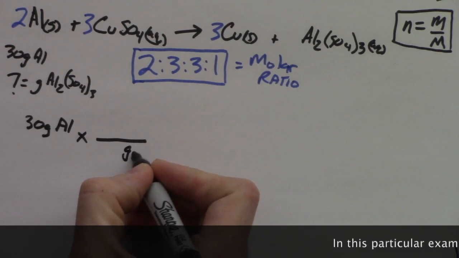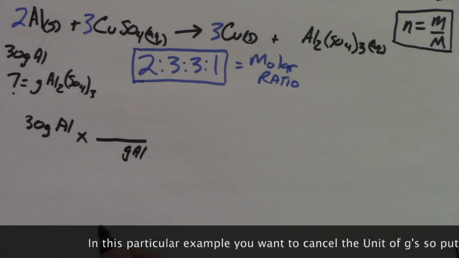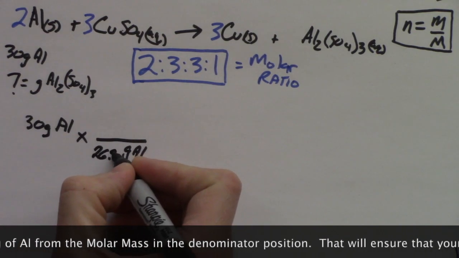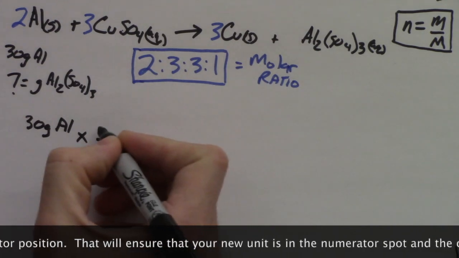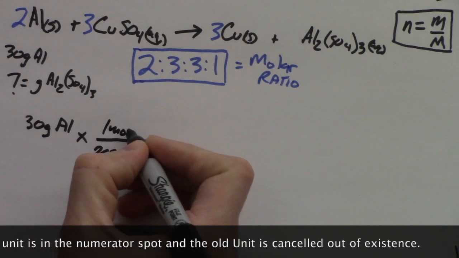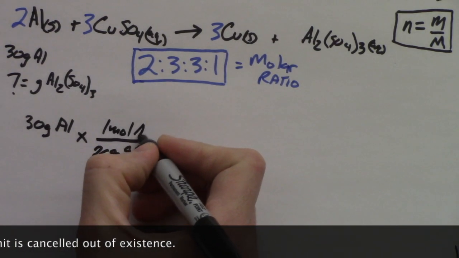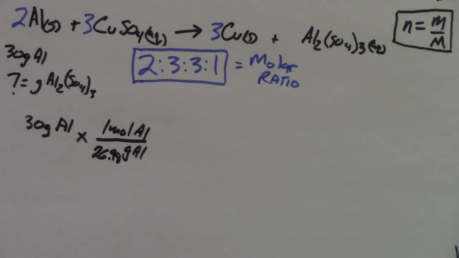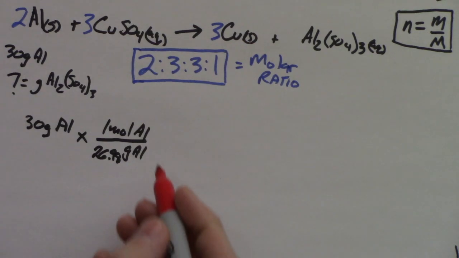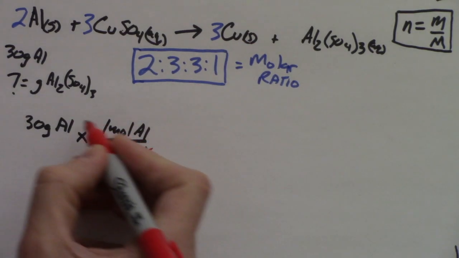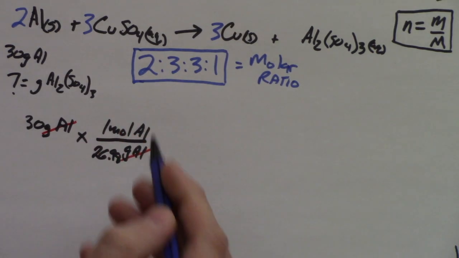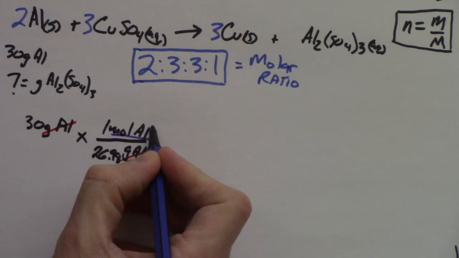So grams of aluminum, if you look on your periodic table, 26.98 grams of aluminum for every 1 mole of aluminum. So that, in and of itself, you can see that I'm going to be canceling out grams of aluminum, and I'll be left with 1 mole of aluminum.